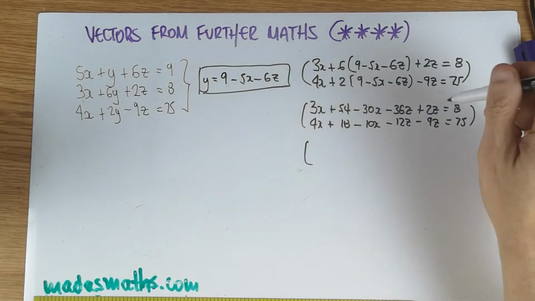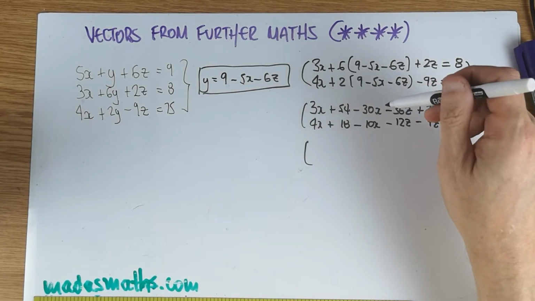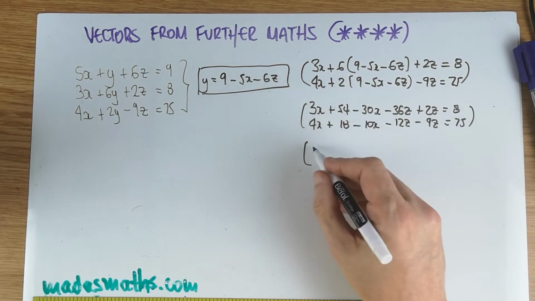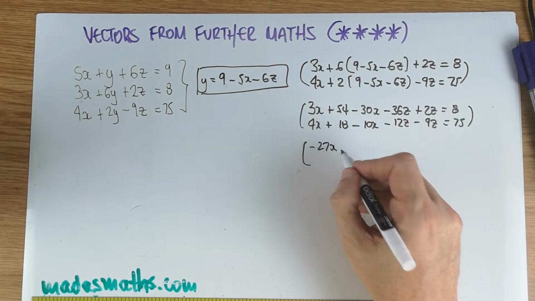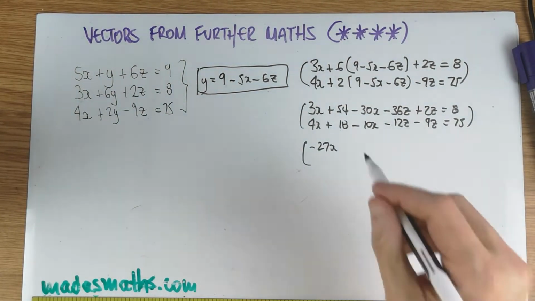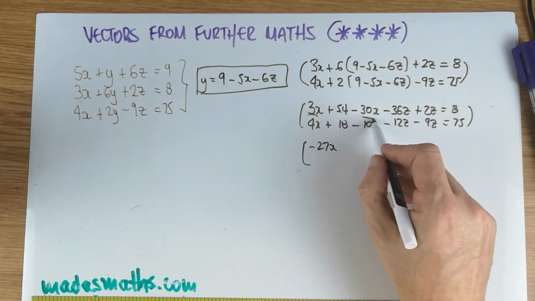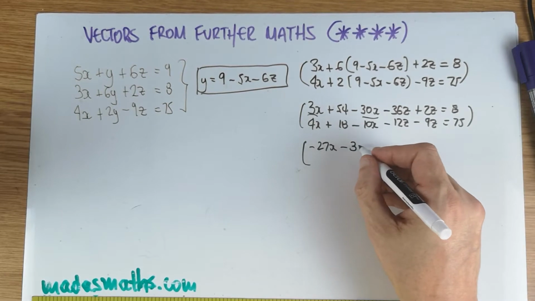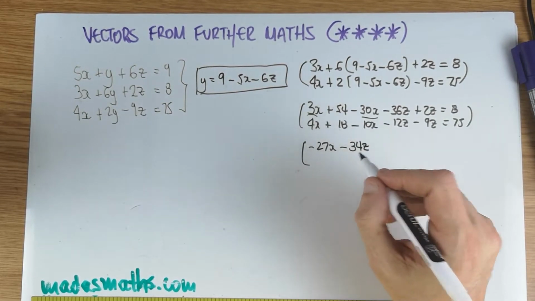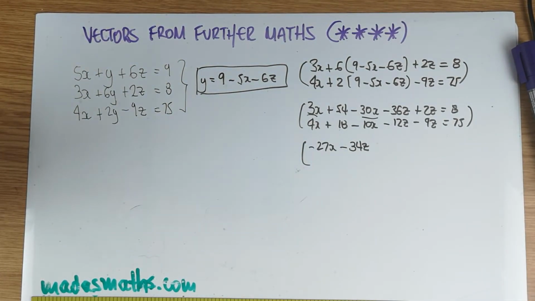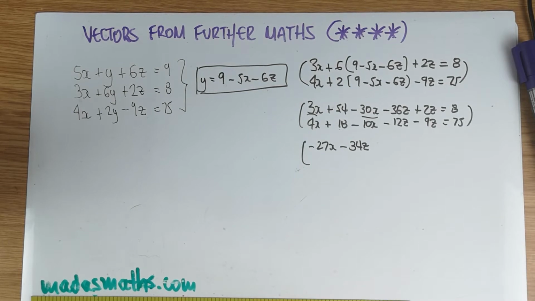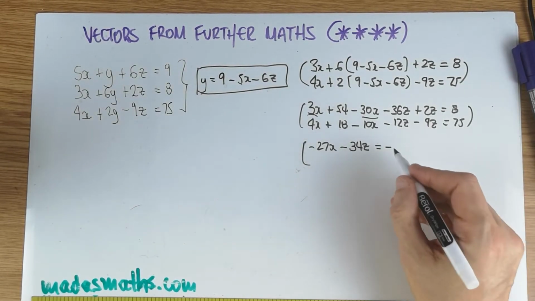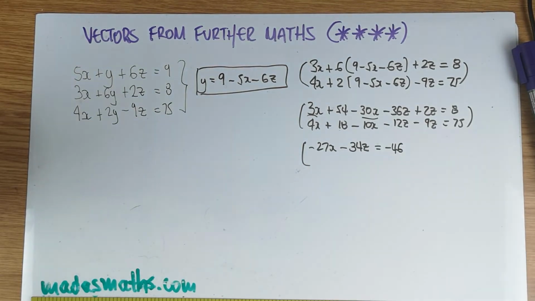What have I got? I've got 23x minus 27x, that's the first bit. That's x, and that's x. I've got z's there, so minus 34z, and the number is negative as well, so it's going to be minus 46.